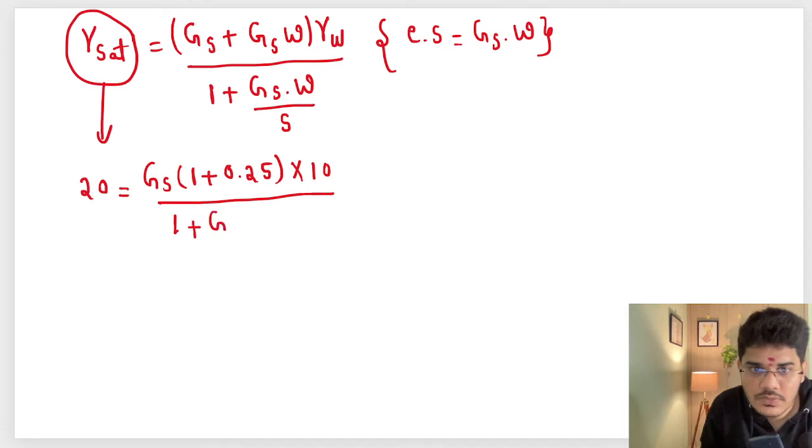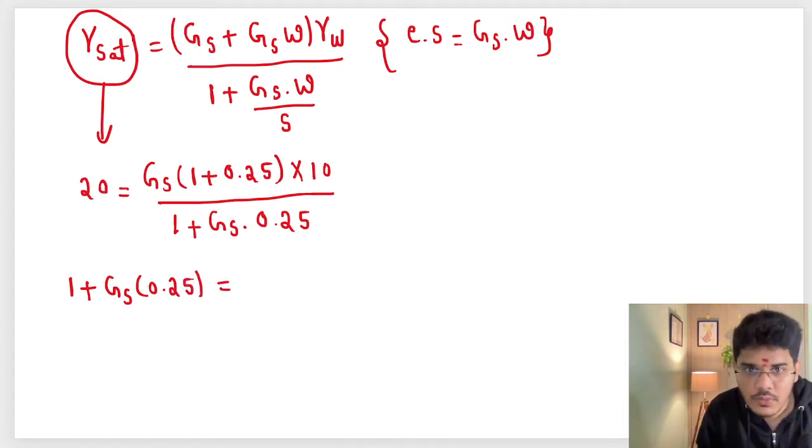So I am taking this part to the left hand side. 1 plus Gs into 0.25 is equal to 1.25 into 10 divided by 20, that is 0.625 Gs.